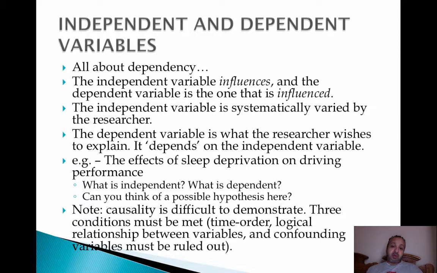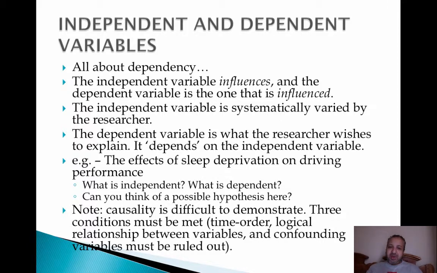Now, specifically when we set up a research study, we don't just deal with variables in general. We deal with independent and dependent variables, and this will become clear for you why this is important. But independent and dependent variables are essentially at their core about causality. Does one thing cause something else?